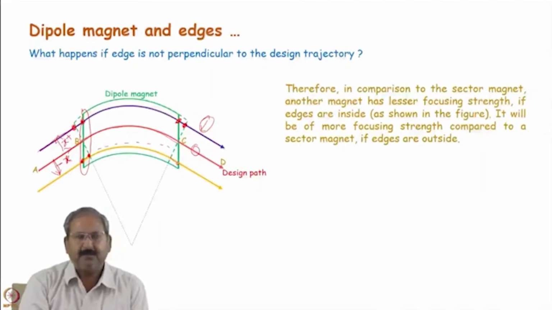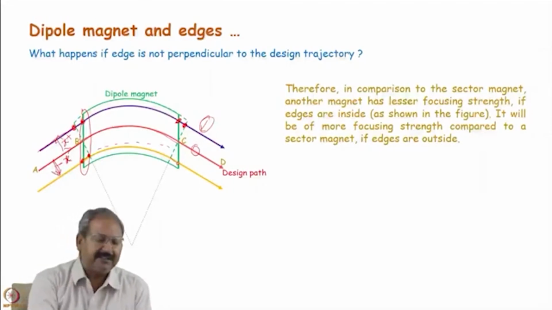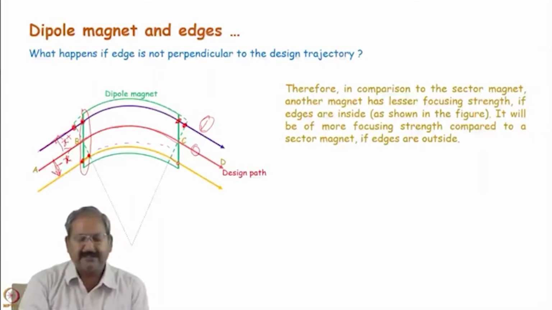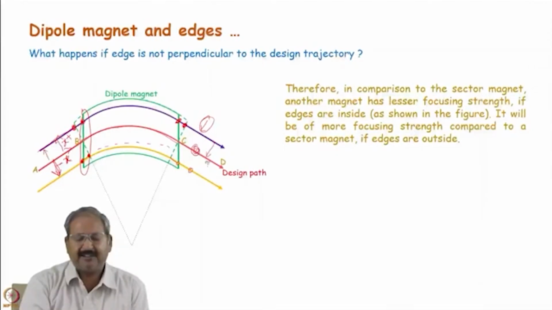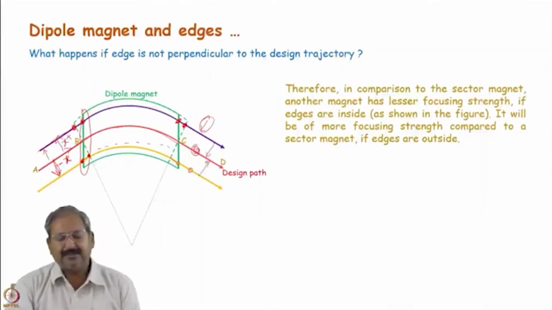So bending is more than in the sector magnet if the particle is deviated in the negative x direction. So again this trajectory also has the same bending angle because of the same path length as the design trajectory. So these trajectories which are coming parallel to the design trajectory exit parallel after the magnet also. So geometric focusing is now absent.